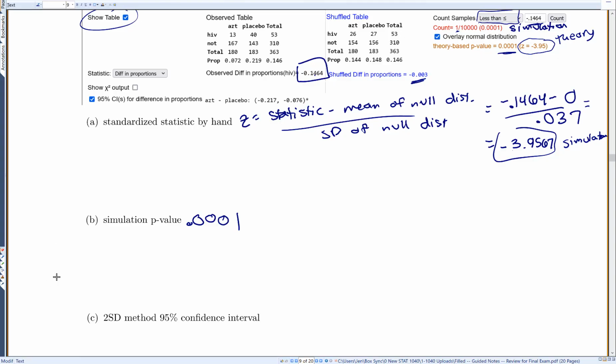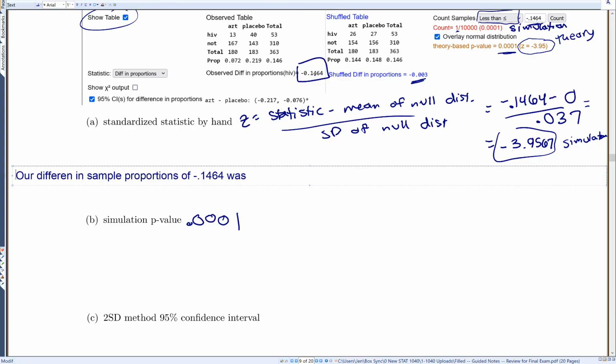Let's interpret our simulation. Oh, let's interpret both of them. So for this one, we could say something like our difference in sample proportions of negative 0.1464 was 3.96 standard deviations below the mean.